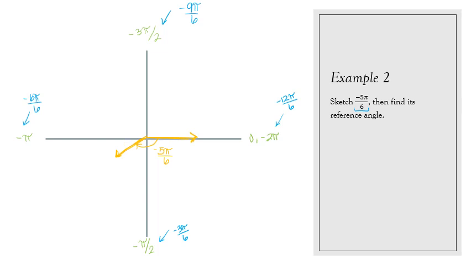I want to maybe do it in purple actually. Here's our theta prime. So again, I like to ask myself, how do I get from negative 5 pi over 6 all the way to here, which for me is negative pi, or negative 6 pi over 6? How many more radians do I need to go, or push that terminal side, until it touches the x-axis?